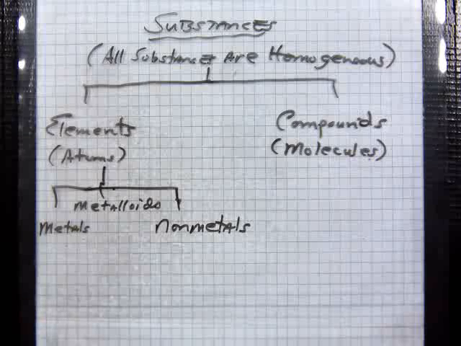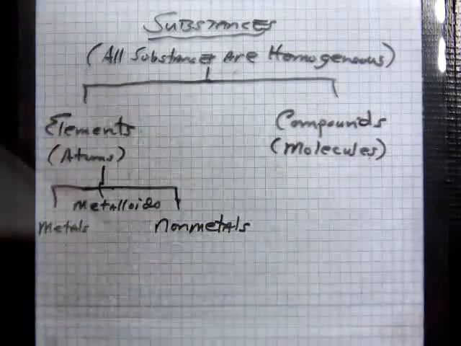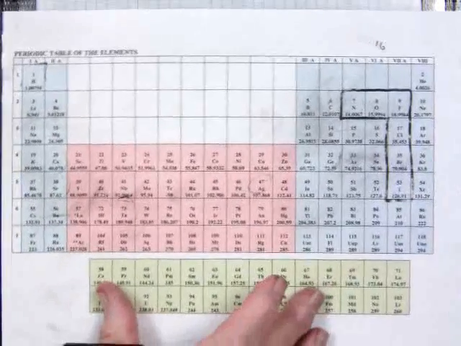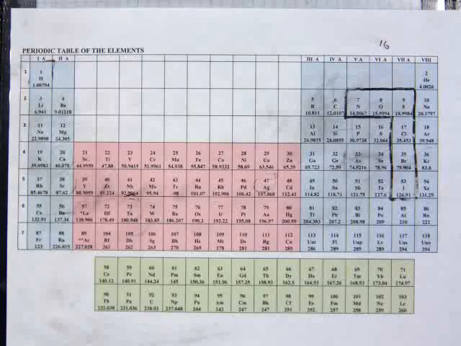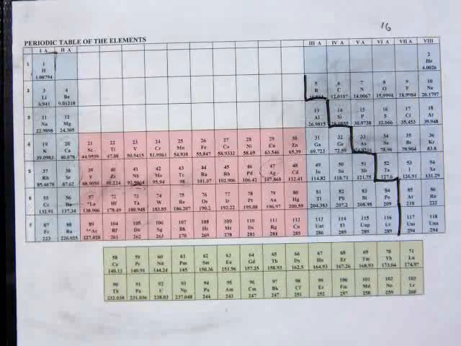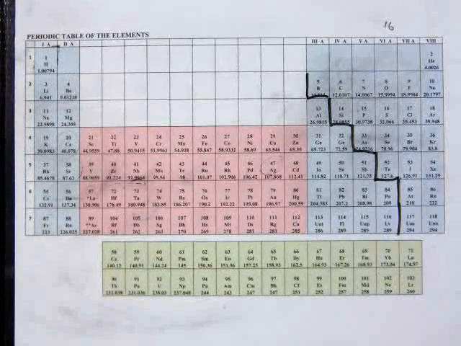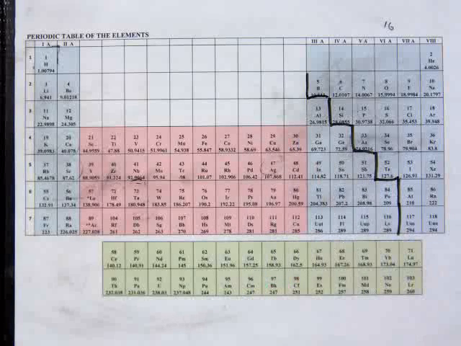When you look at the periodic table, for any periodic table, this is one form. This little staircase is the focal point right now. And it divides the types of elements.